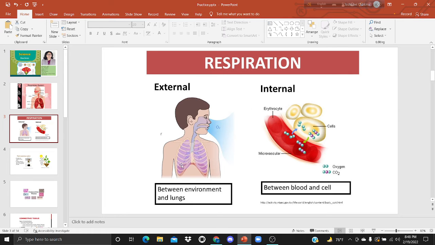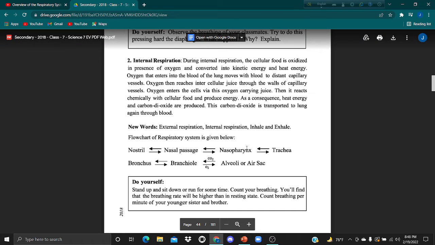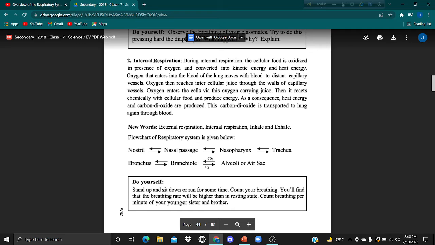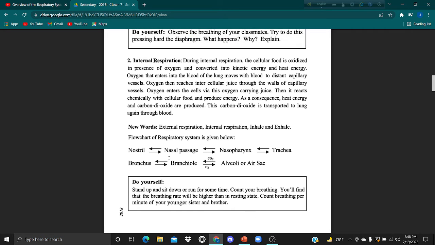And here is a flow chart we can see in our textbook. Flow chart of the respiratory system is here. Nostril, then nasal passage, nasal cavity, then nasopharynx, and then trachea, bronchus, bronchiole, and alveoli or air sac.